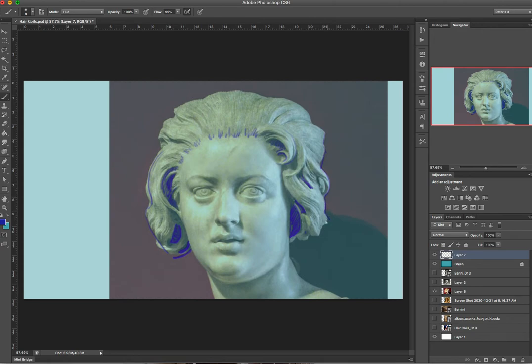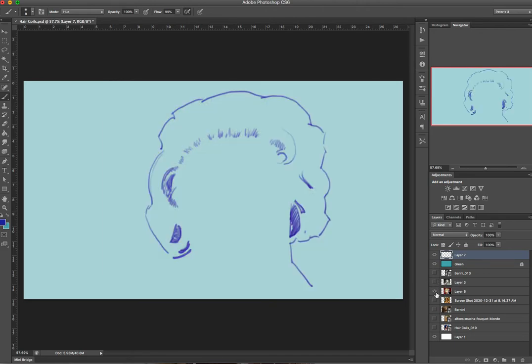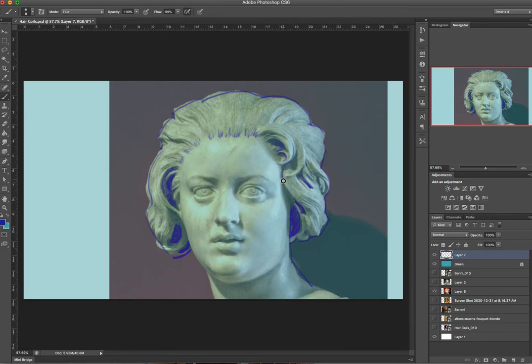For brevity's sake, I'll just do this very quickly so you get a sense of the hair. Another way you can create a line is the way the hair will cast the shadow on the head. That's a line too.